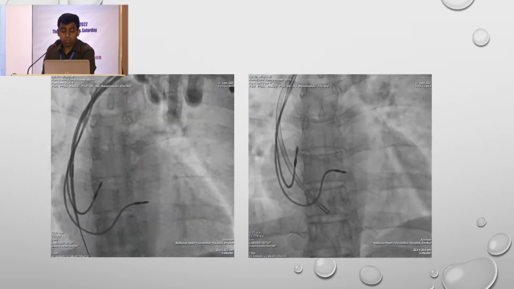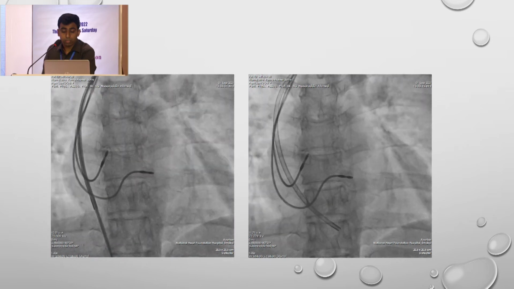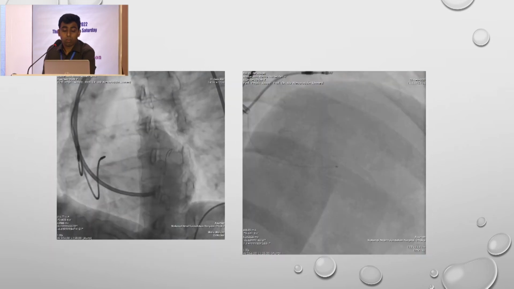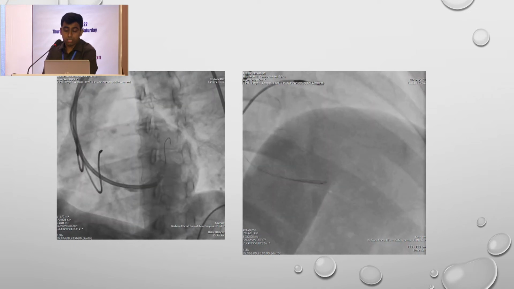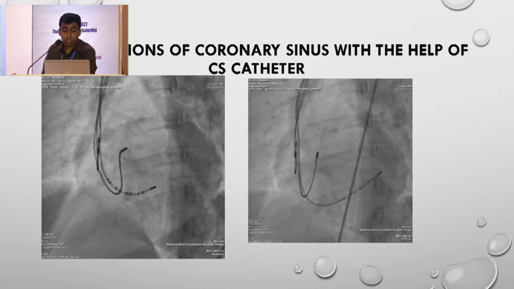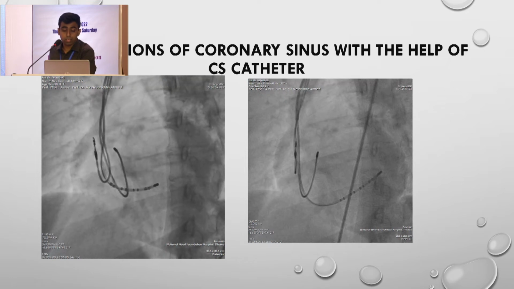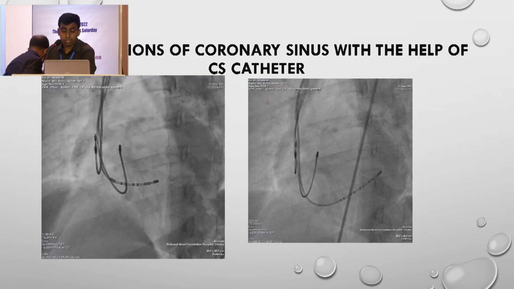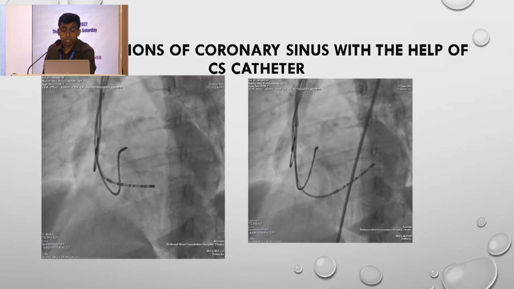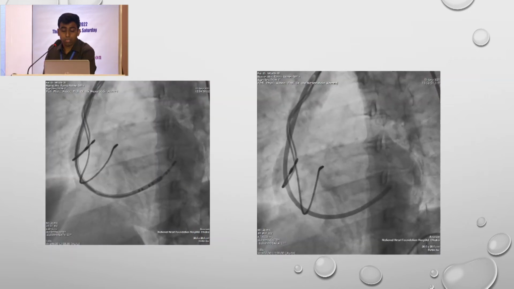We used a floppy wire to cannulate the coronary sinus, but we failed after several attempts. Then we took the help of a CS catheter to cannulate the coronary sinus, and with its help we cannulated the coronary sinus, and a coronary sinogram was done.